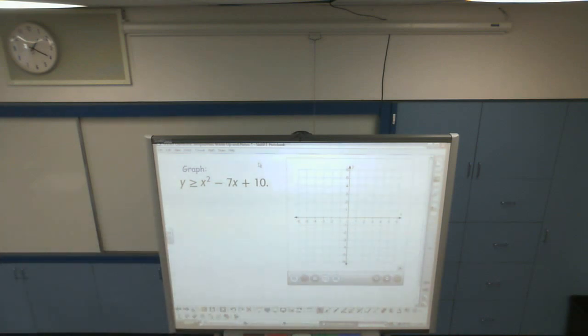You could pick up your graphing calculator right away. Or you can take a look at it just for a second and see if it factors. Does it factor? Yeah, I think that's faster. So give me a sketch of that.